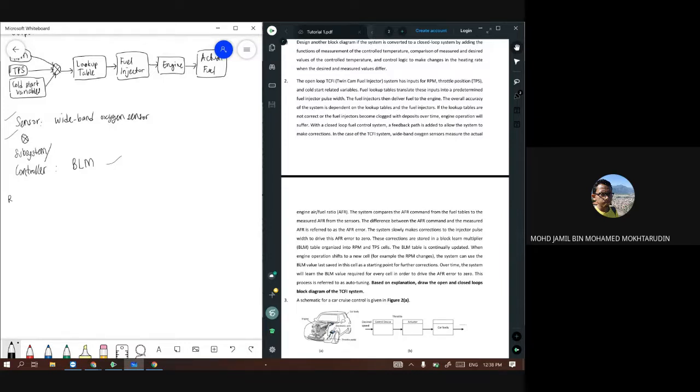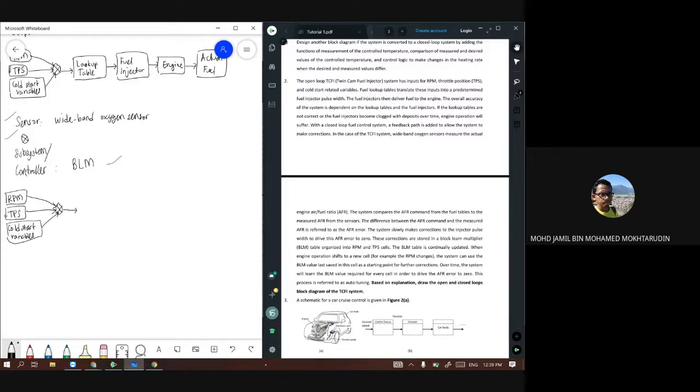So we have RPM, TPS, and cold start variable. And then it will go to the BLM, the block learn multiplier.